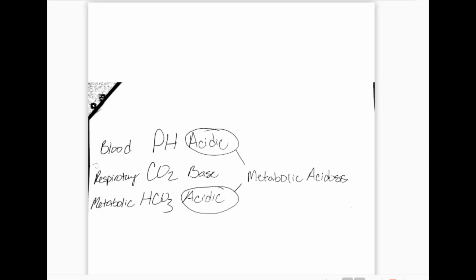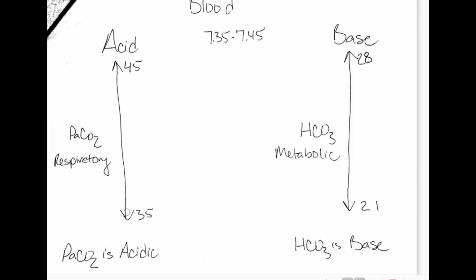So I go down to my bicarbonate. I've determined that my bicarbonate is acidic. If you look at the right side of my chart, the further you get away from 28, which is the highest you can be and still be within normal limits with the bicarbonate, because the higher you get to 28, the more alkaline you are, I would have determined that my bicarbonate has to be below 21 in order for me to consider it acidic.